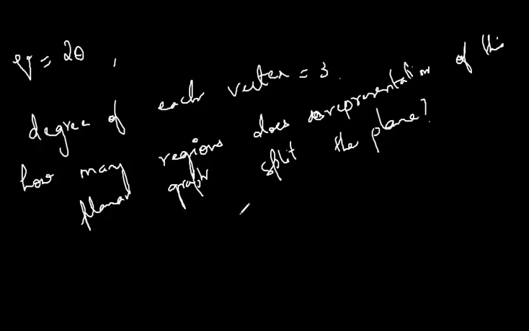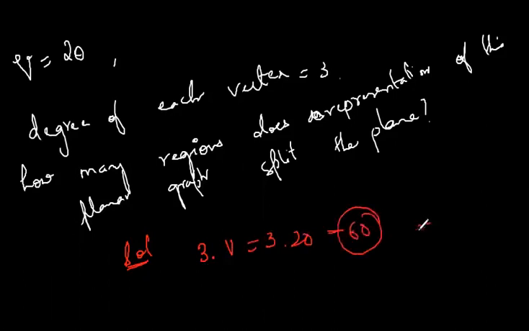Okay, so now since this graph has 20 vertices, v is given already as 20, and each has degree 3, and the sum of the degrees of the vertices is equal to twice the number of edges. So 3 into 20 is 60, but this 60 is equal to 2e. Why am I taking 2e?